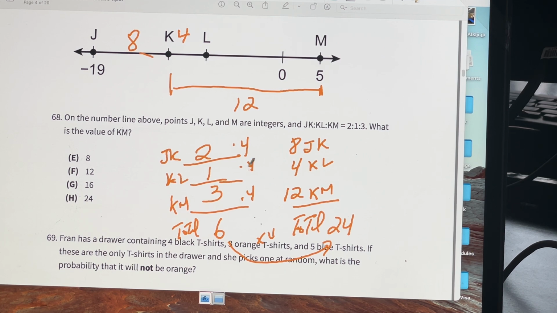I'm sorry. And K to M, I thought they were asking for LM. So 8 to 4 to 12. So the value of KM is 12. So 68 is F.